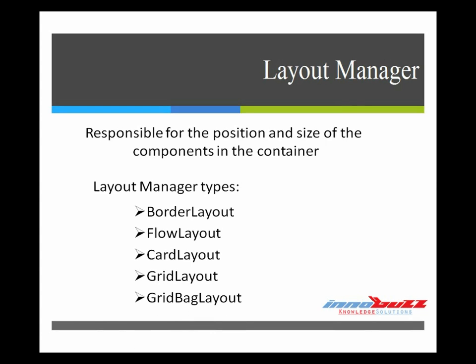The fifth is the grid bag layout. This is a special version of the grid layout. It's more advanced. This lets us set the size and the position of the components within the cells. We can make much more advanced things with it. We can put together cells, and we can arrange our objects more precisely in the grids.